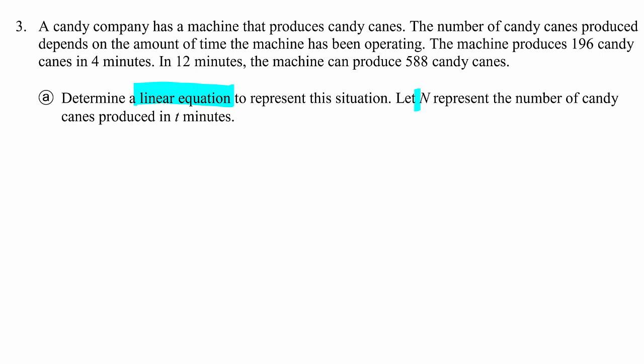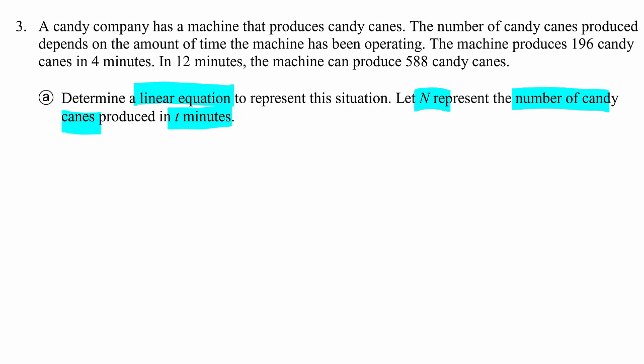Let n represent the number of candy canes produced in t minutes. So let's go ahead and define our variables. Which of those two variables do you think is the input variable? Which variable depends on the other? Yes, t is our input variable because n, the number of candy canes produced, is dependent on how many minutes the machine has been working, right?